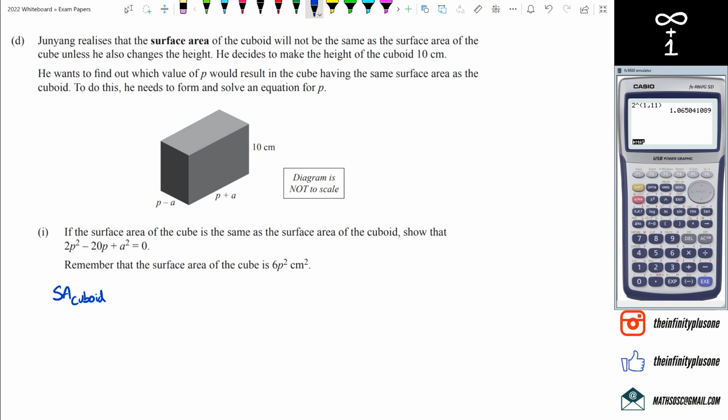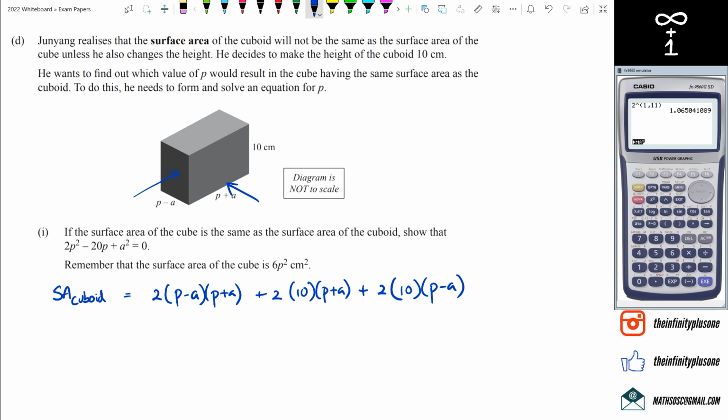So now surface area of a cuboid is going to be, there's going to be the bottom and top. So two lots of p minus a times p plus a. Then if you look at it from this direction, you could do the p plus a times 10 twice. So you've got 2 times 10 times p plus a, plus two lots of these ones, which is going to be 2 times 10 and p minus a.